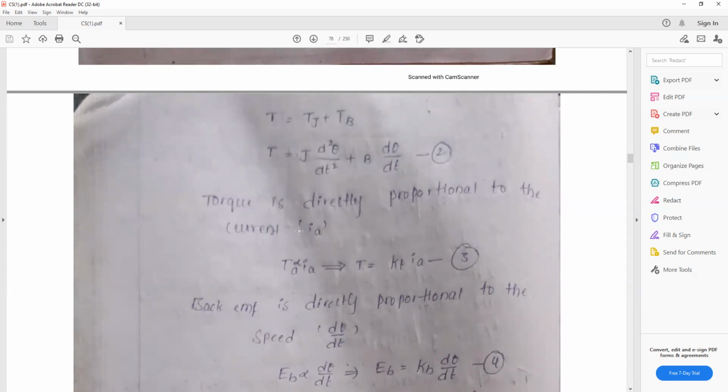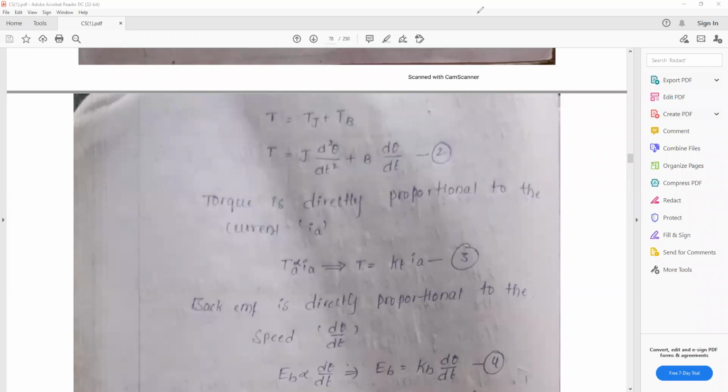The torque is directly proportional to the armature current IA. So T is directly proportional to IA, equal to some constant, so KT into IA.